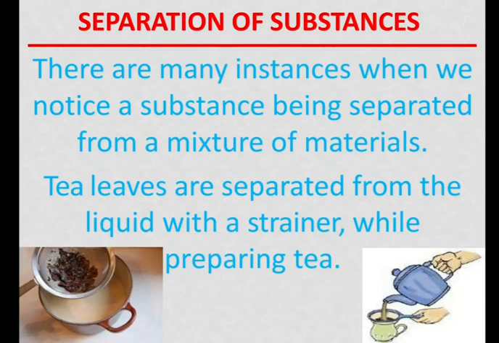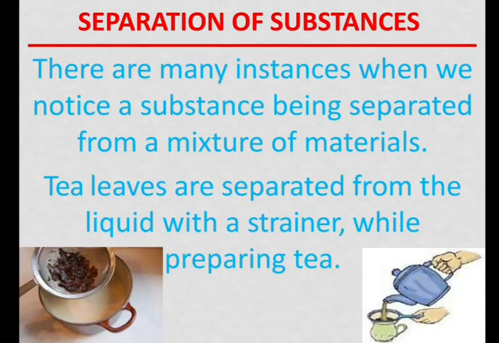So now the question arises, why do we need to separate substances? Because we need to separate harmful or non-useful substances that may be mixed with it. Sometimes we even separate useful components if we need to use them separately. So the substances to be separated may be particles of different sizes or materials.